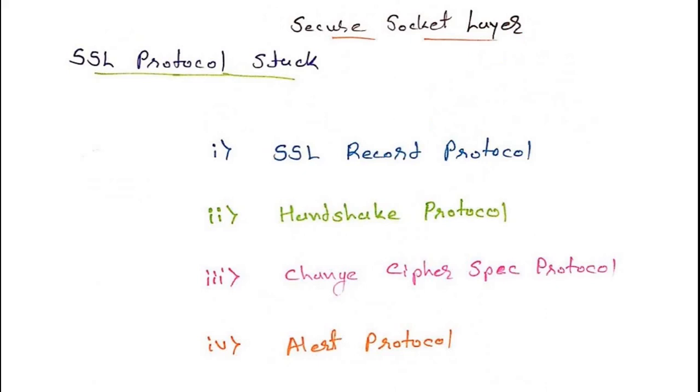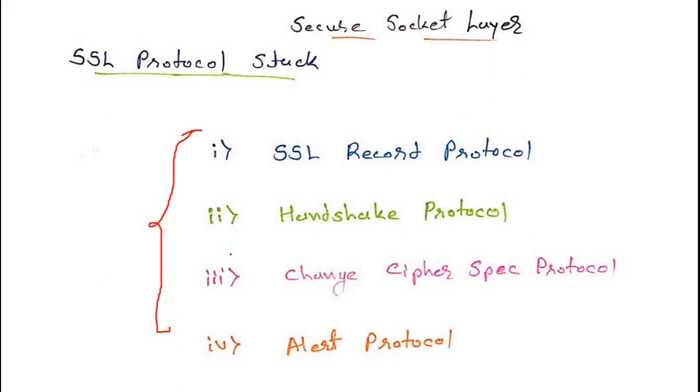Now let's see the SSL protocol stack. Basically it carries the SSL record protocol, handshake protocol, change cipher spec protocol and alert protocol. This entire protocol stack is based on these four basic protocols, and all the protocols work in sequence, like a layered approach.